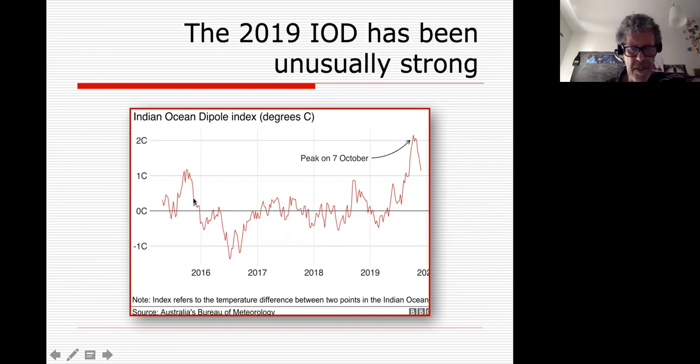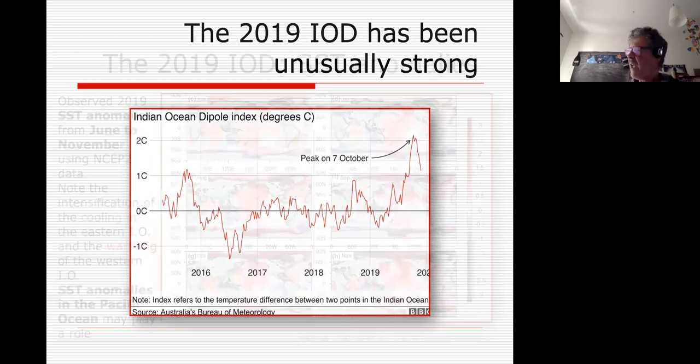But in 2019, the difference was more than 2 degrees at its peak. It was in October. So the IOD in 2019 was extremely strong.